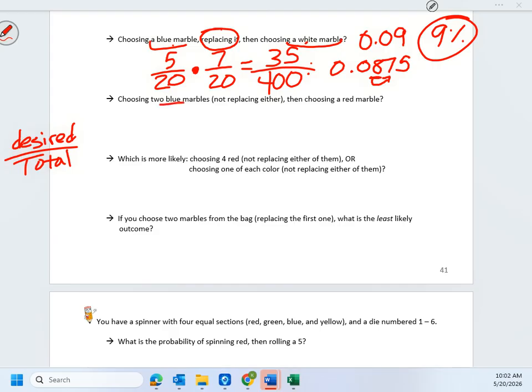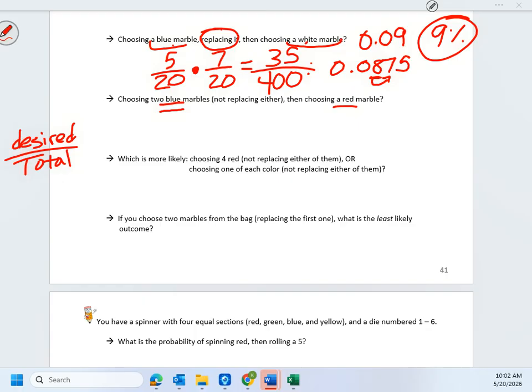So choosing a blue, and then choosing another blue, then choosing a red. So that is 3 events. Choosing a blue marble, not replacing it. Think about how that's going to change your numbers. Choosing another blue, not replacing it.